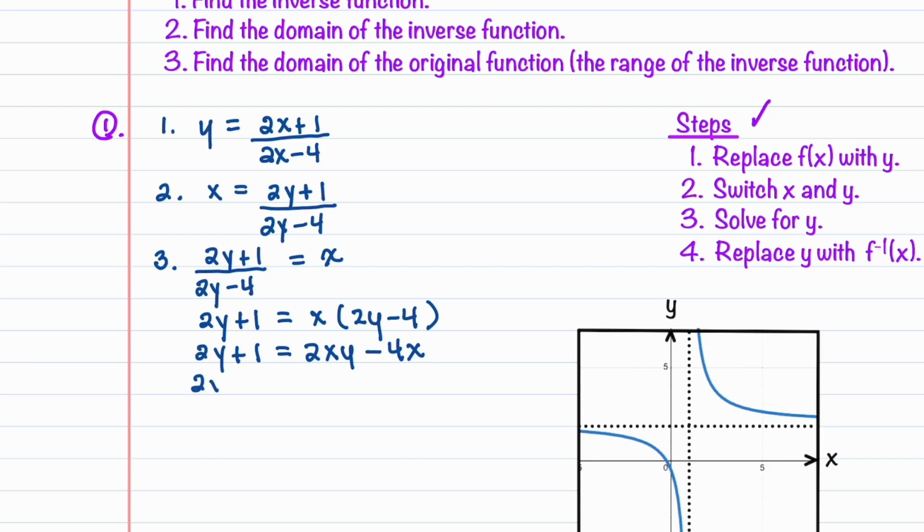This gives us 2y minus 2xy. And then the 1 we're going to pull over to the right, and that gives us minus 4x minus 1. Now we need to solve for y, so let's factor that out. So we have y times 2 minus 2x left, and the right-hand side is the same.